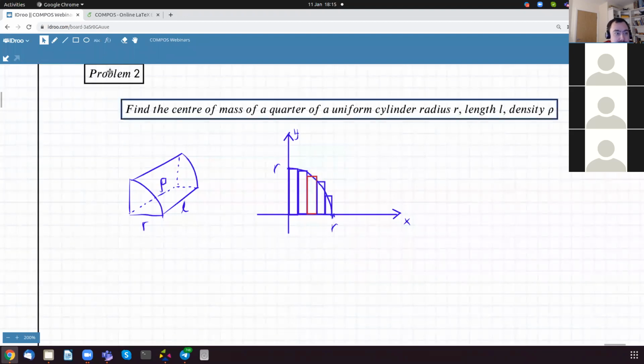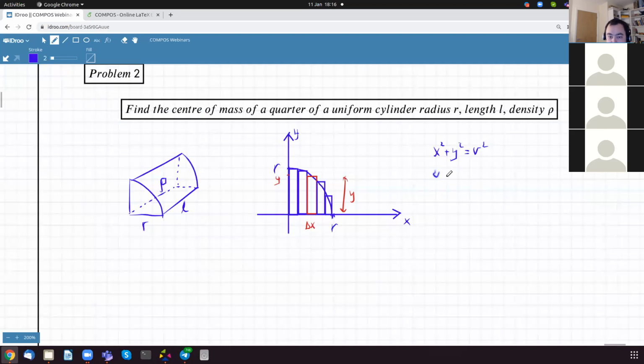I'm interested in this rectangle. The width of this rectangle is delta x. The height of this rectangle is y at this point. Now we need a relationship between x and y. We started with a circle of radius r, so let's write down its equation: x squared plus y squared equals r squared.